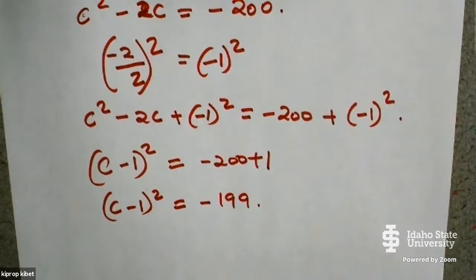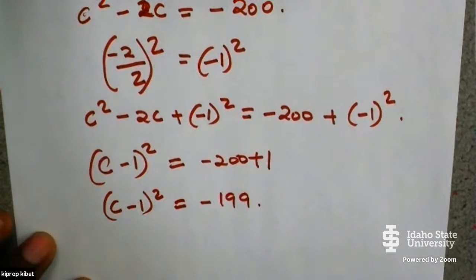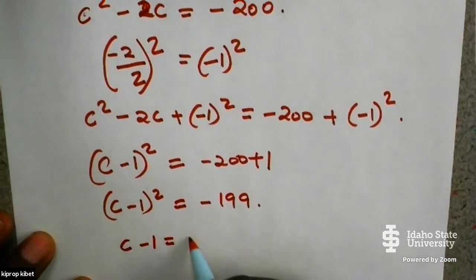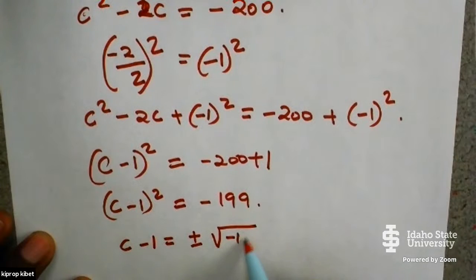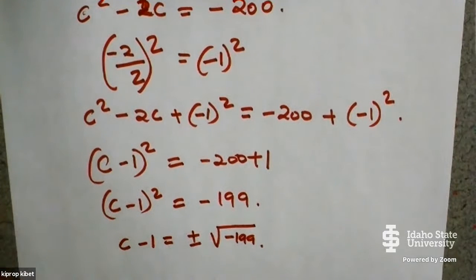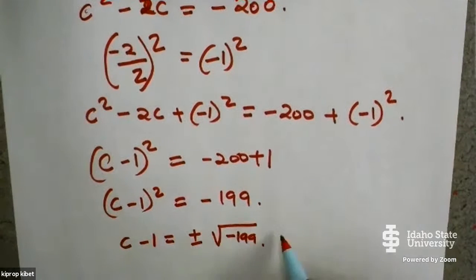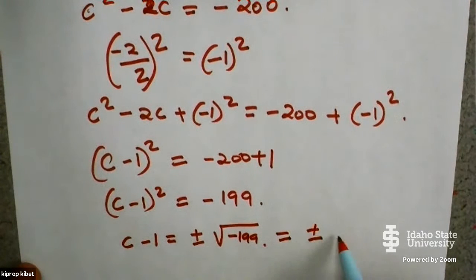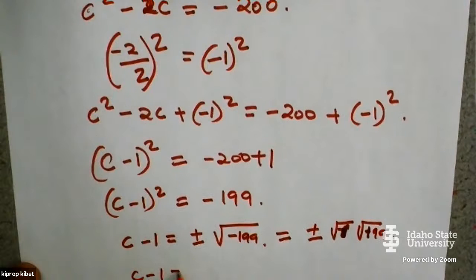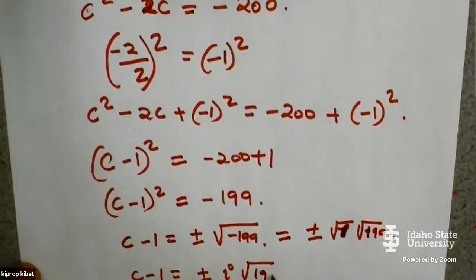Now, using the square root property, c minus 1 equals plus or minus the square root of minus 199, which is similar to plus or minus i times the square root of 199. So c minus 1 equals plus or minus i square root of 199.